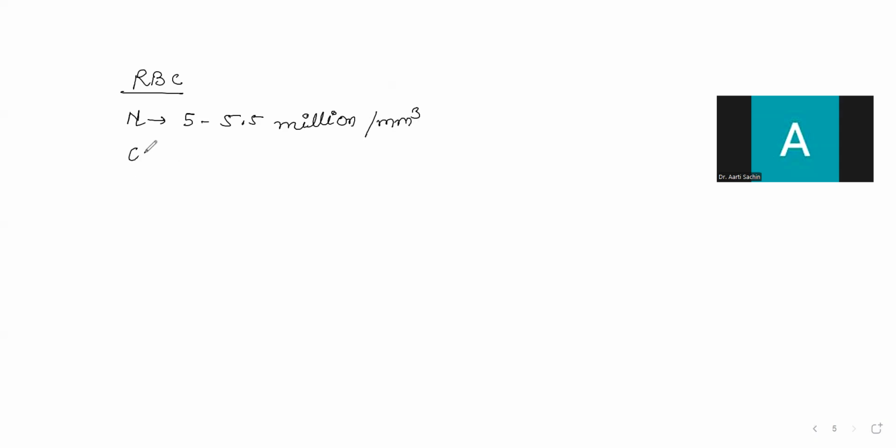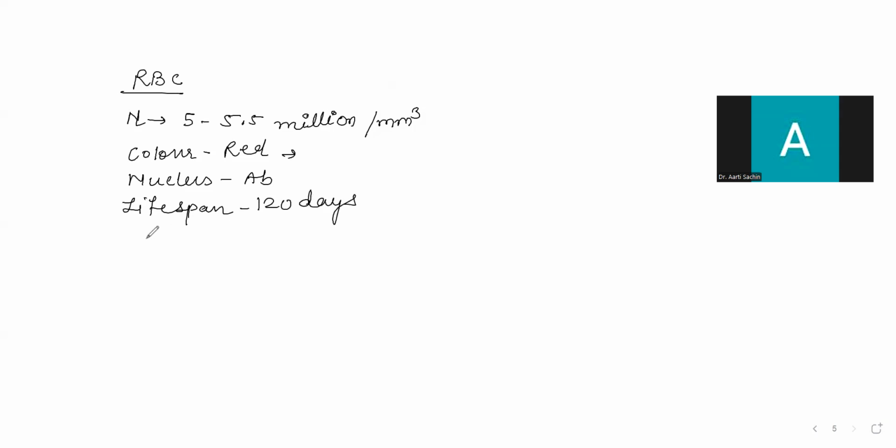And the color, everyone knows, is red. This is because of hemoglobin, which contains iron. Nucleus, it is absent, right? Lifespan: the lifespan of human RBCs is 120 days, right? And the main function is transport of gases.